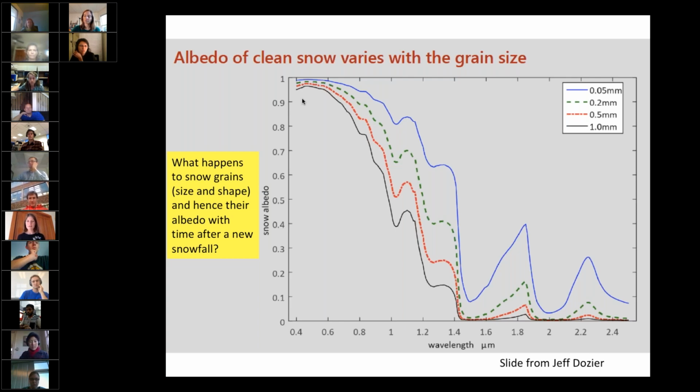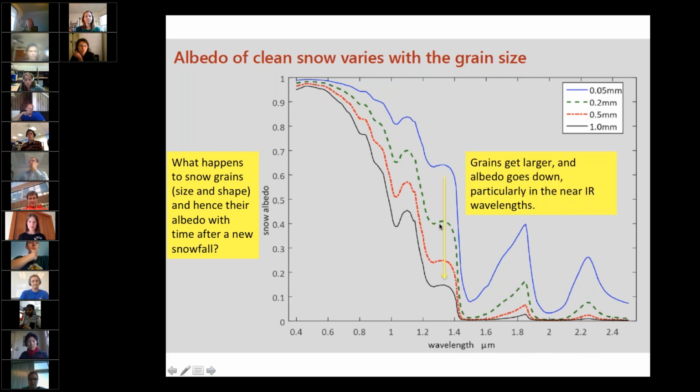Decrease. Decrease, right? So draw an arrow, right? So grains get larger. We go from the blue line to the black line. And then albedo on our y-axis is going to go down. And the degree to which it goes down is going to be wavelength dependent, right? The biggest change is going to be right here in the near infrared wavelength.